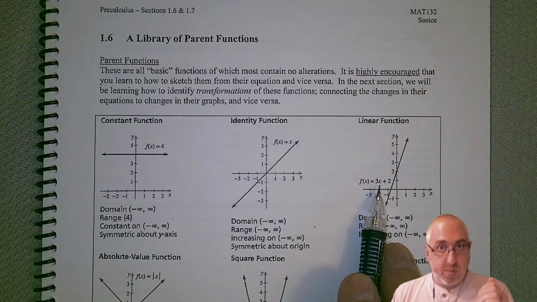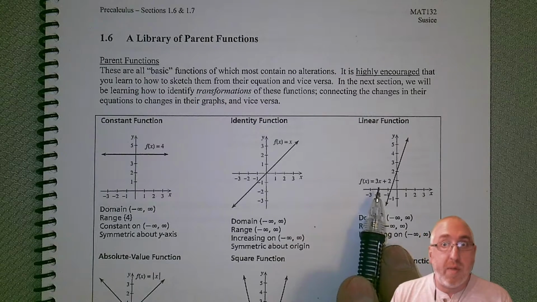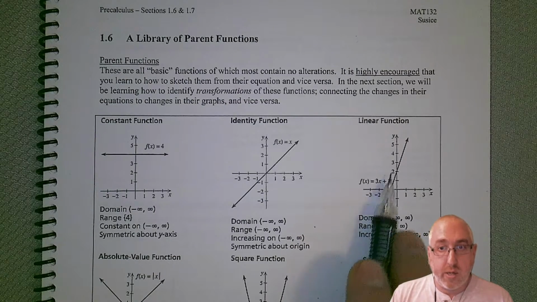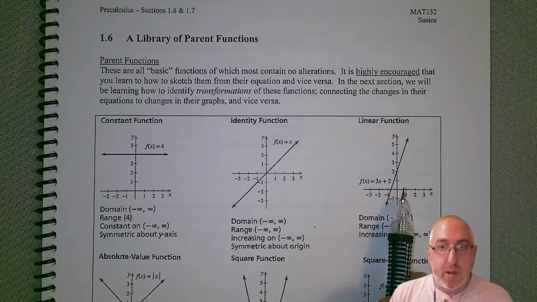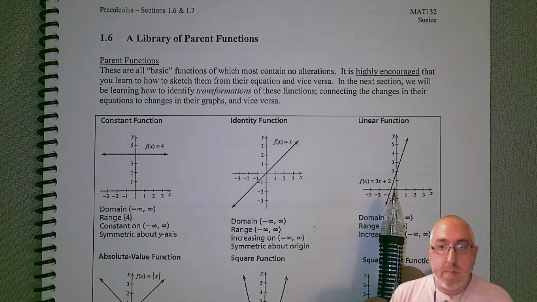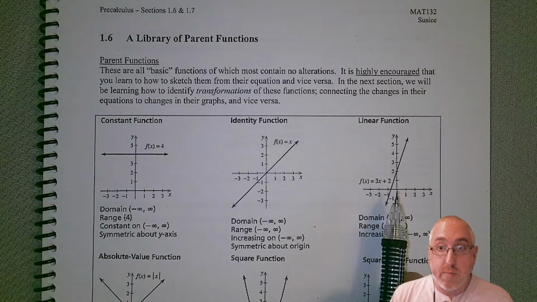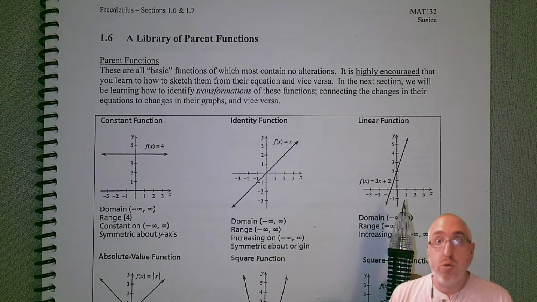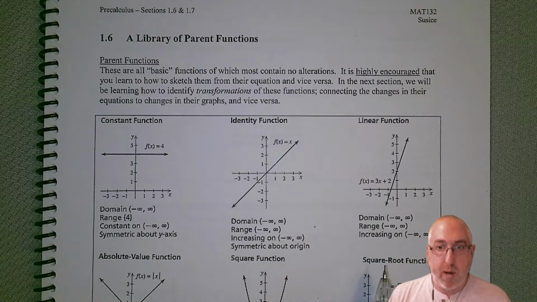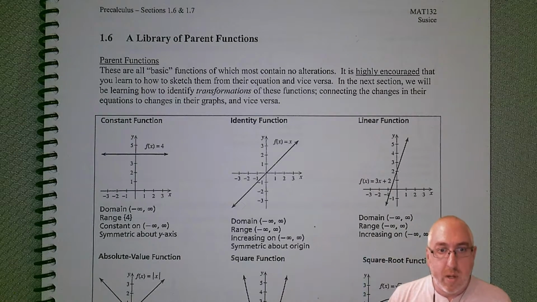Obviously if the slope is negative, it's going to be decreasing throughout, but if it's positive, it will be increasing throughout. And typically if there's a shift away from the origin, to the left, to the right, up or down, it's going to lose its symmetry. That's why we don't have anything listed there.